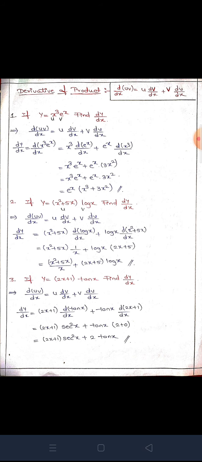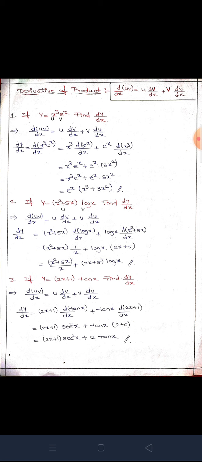If y is equal to 2x plus 1 into tan x, find dy by dx. Again apply here the u into v rule. That is, u is a constant, differentiation of v with respect to x, plus v differentiation of u with respect to x.